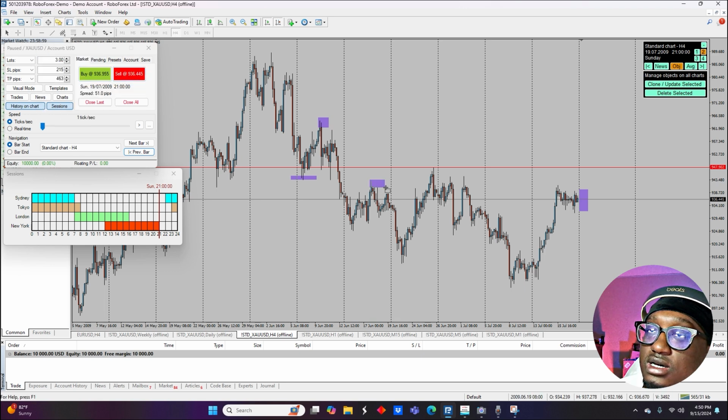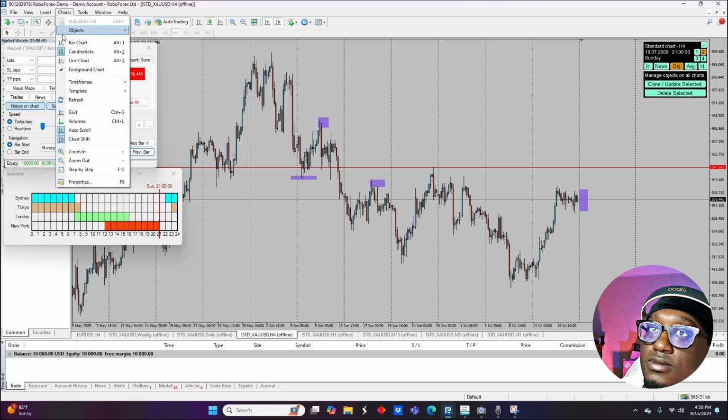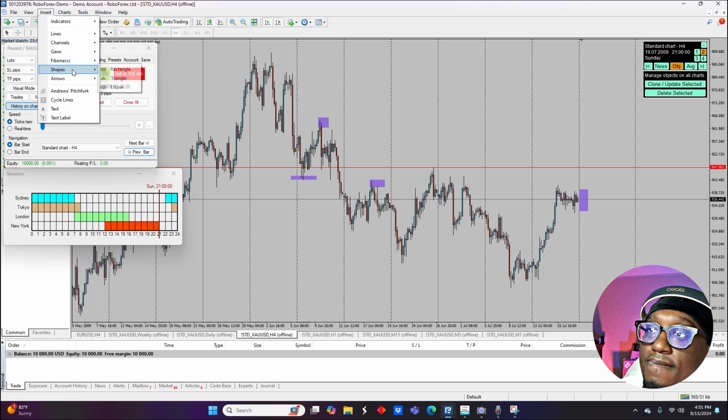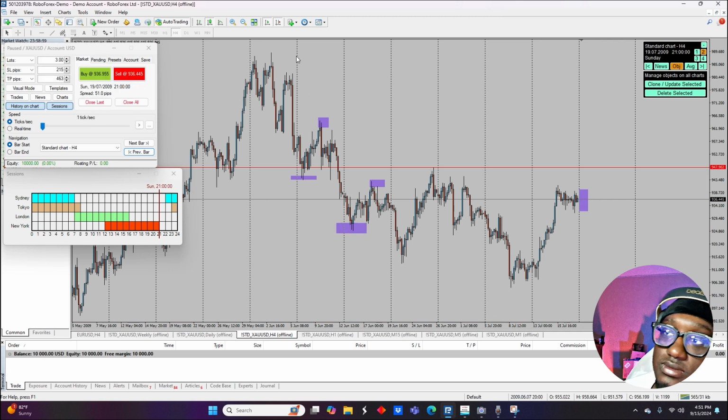This is how you tell bias, when this high takes out this previous low and then forms this low. This high took out this low, so now it's ranging down.